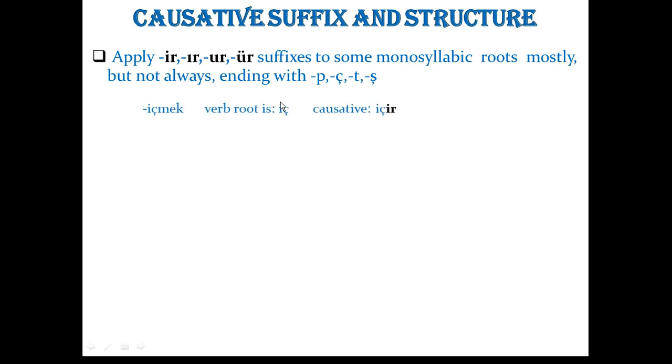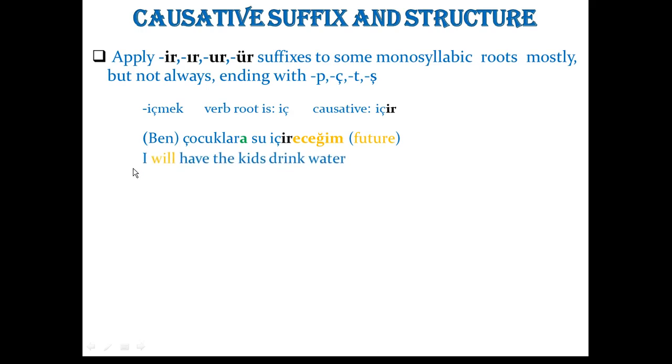İçmek, the verb root is iç, the causative verb is içir. Since it is ending with ç, as an exception, we apply the ir suffix here. Ben çocuklara su içireceğim, in the future tense, meaning I will have the kids drink water.